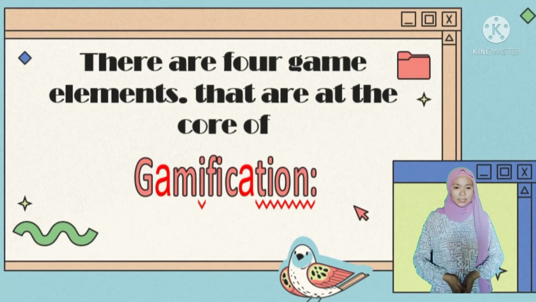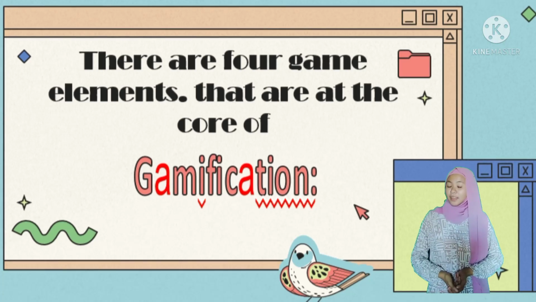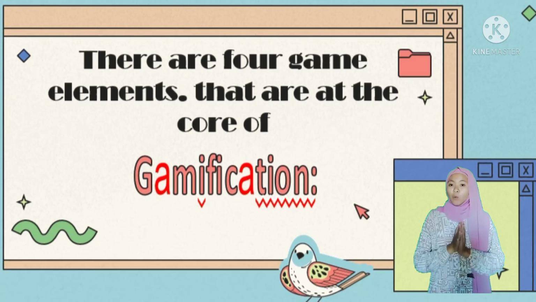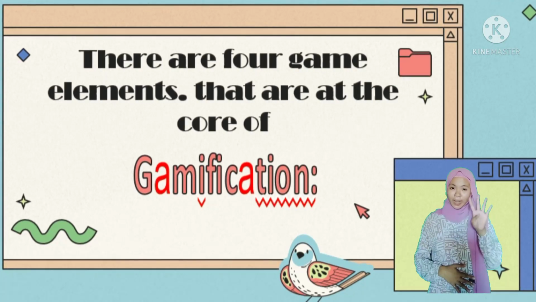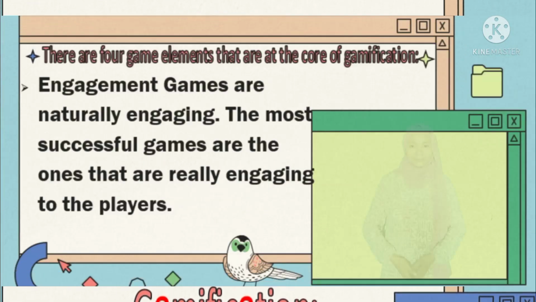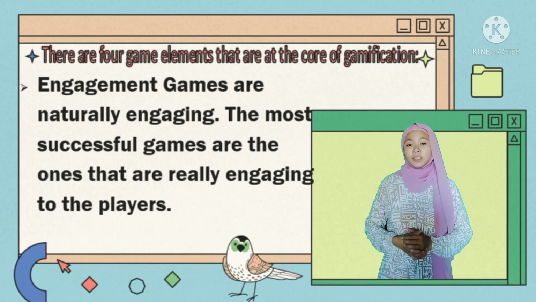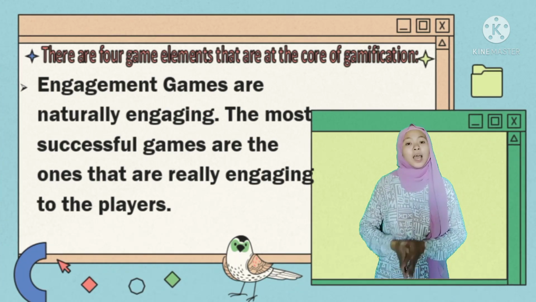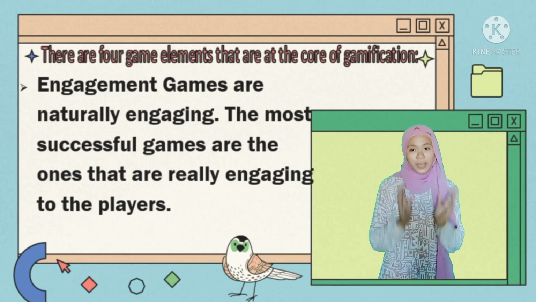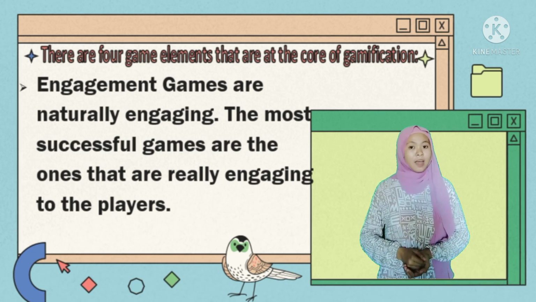And in order for us to effectively implement game in our teaching, we have the 4 elements that are at the core of gamification. First, we have engagement. Games are naturally engaging. The most successful games are the ones that are naturally engaging to the player.